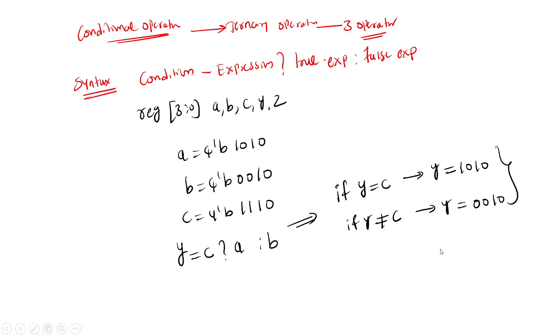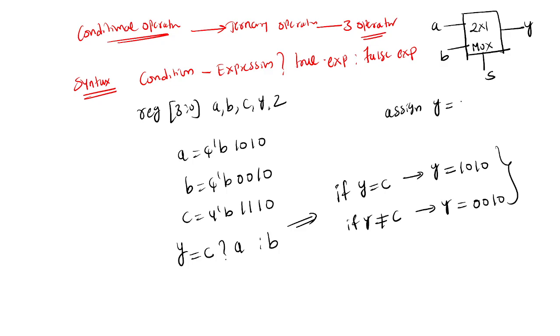This ternary operator we can use in a mux also. Suppose you consider a 2 cross 1 mux with selection line s, inputs a and b, and output y. I use assign y equals s ? b : a.